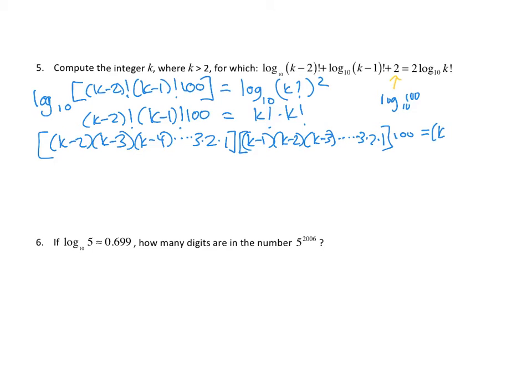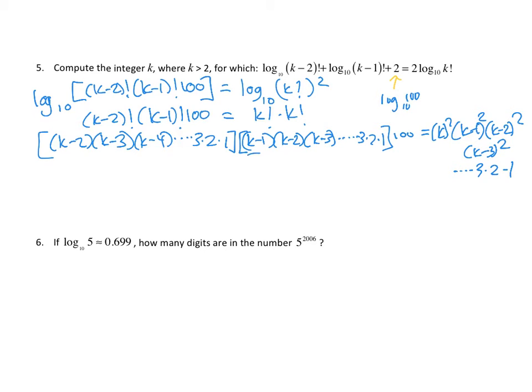So it's going to be equal to k squared times (k minus 1) squared, (k minus 2) squared, (k minus 3) squared, all the way down to 3, 2, 1. That's just doing k factorial and then squaring each piece. Okay, on the left, notice we have a lot of repeats.